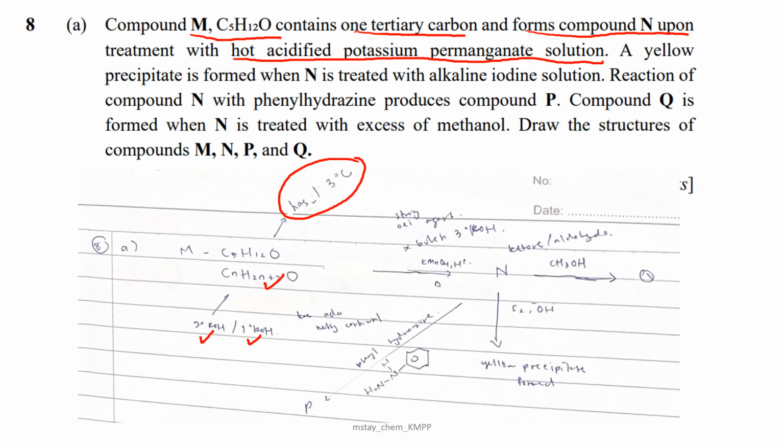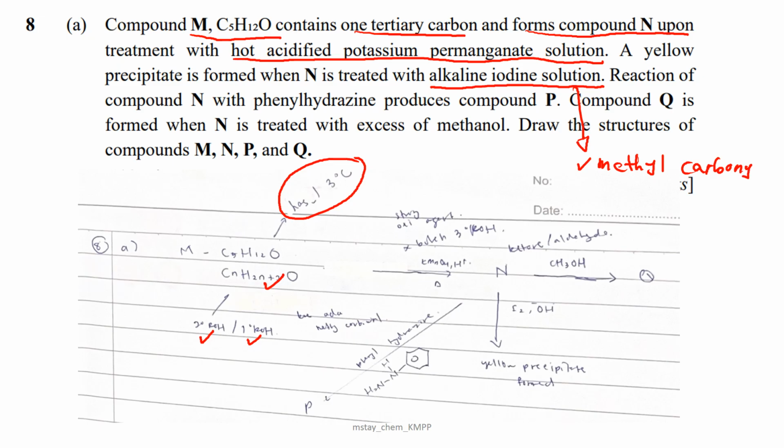Okay, so for the structure M, we roughly already have this idea. Then we proceed to the second statement. A yellow precipitate is formed when N is treated with alkaline iodine solution. So alkaline iodine solution shows that the compound contains a methyl carbonyl.